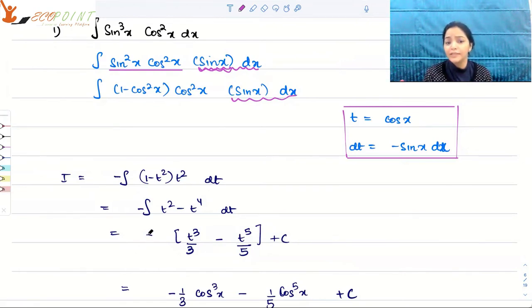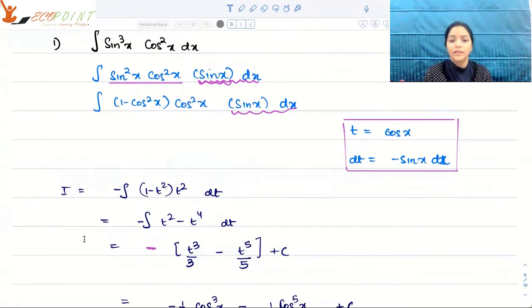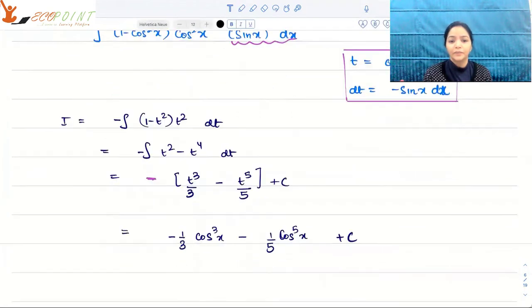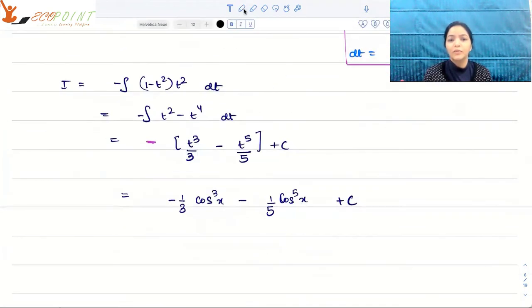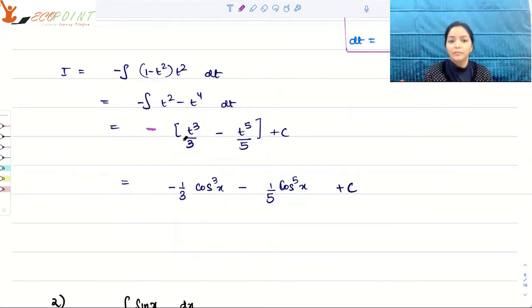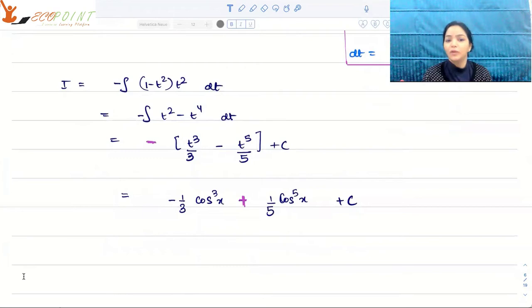You have a minus outside, so just take it inside, and minus becomes plus. This is what you should be getting as the answer. Once you get the final expression, you can just convert t into cos x.